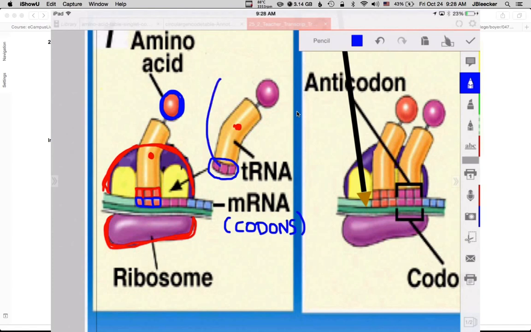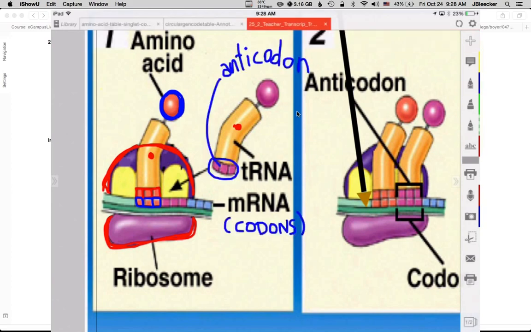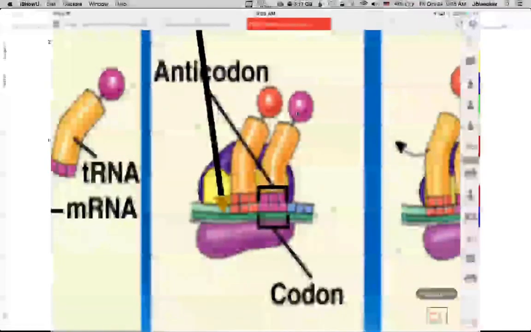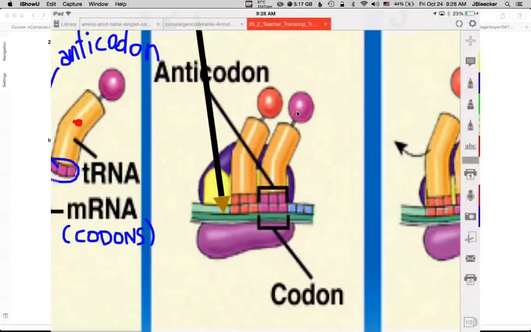And this is known as an anticodon. So the tRNA has to match the mRNA. We'll get into this in a lot more detail as we move forward here. This portion of the slide shows the codon and the anticodon matching.